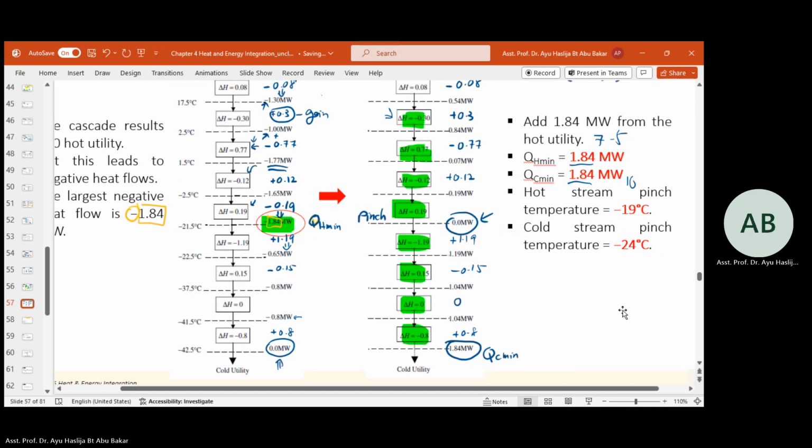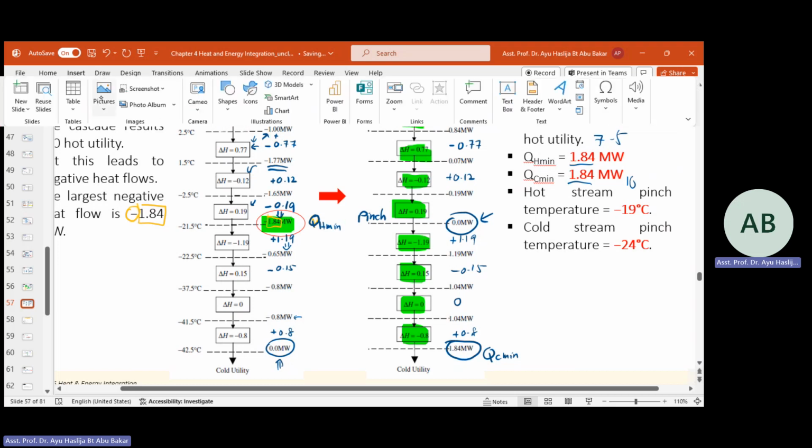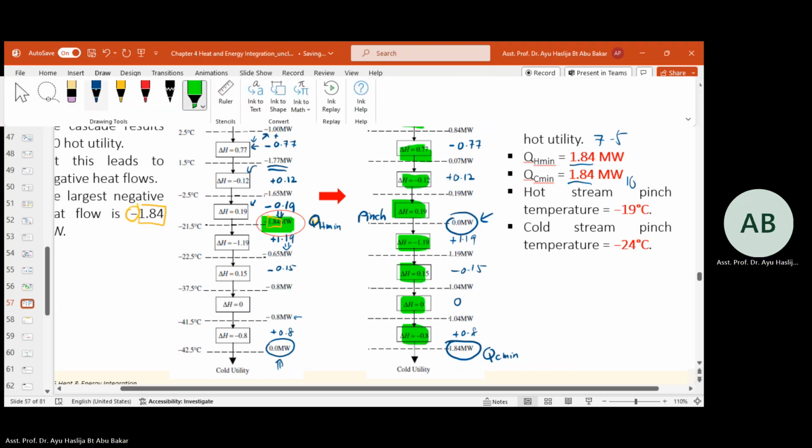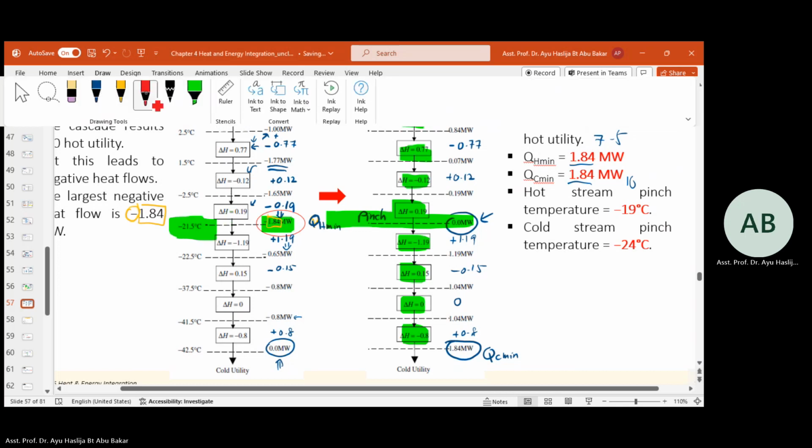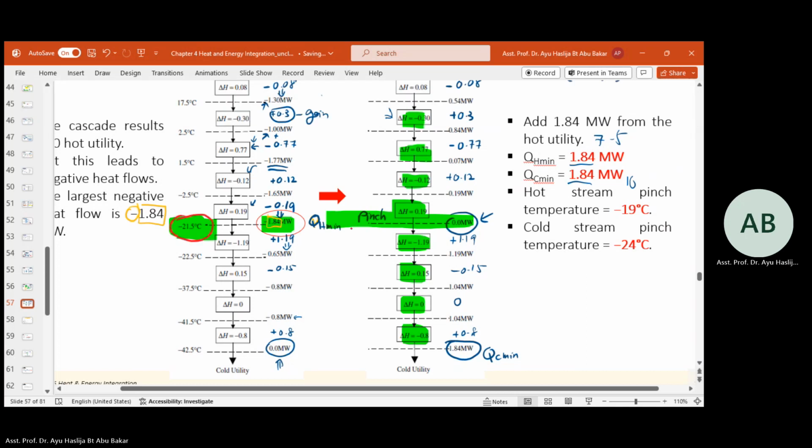Now, since we get the zero value at the pinch point just now, here is your pinch point. The pinch temperature over here is negative 21.5.